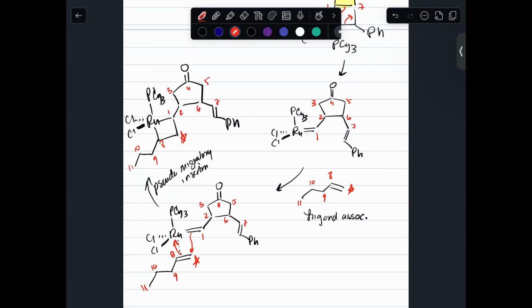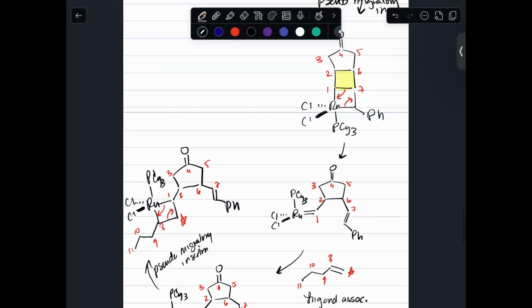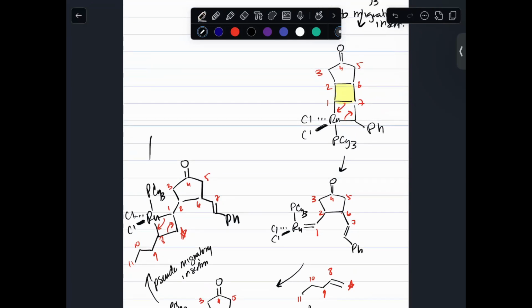Okay. It collapses. And so now you can start seeing how it's looking like my product. At least the left side of it is looking like my product. Let me draw that first.